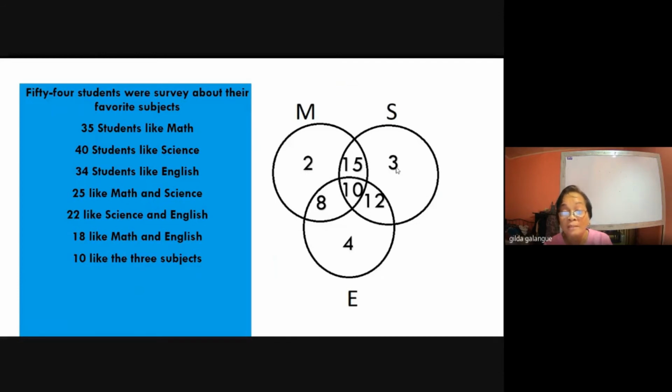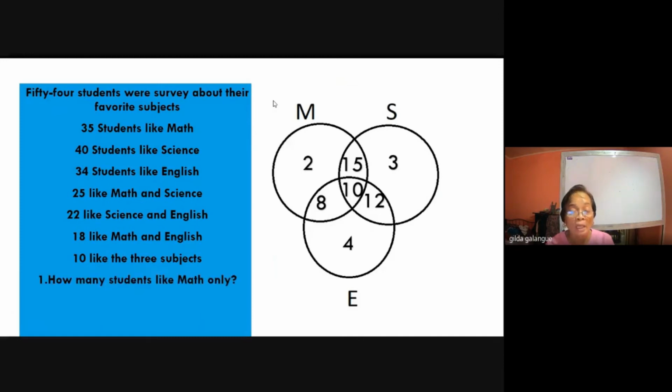What is 35 plus 3? 38. 38 plus 4. What is the answer? 38 plus 4 is 42. 42 plus 12 is 54. We have 54 students. Now, we need to find the answer to the question.